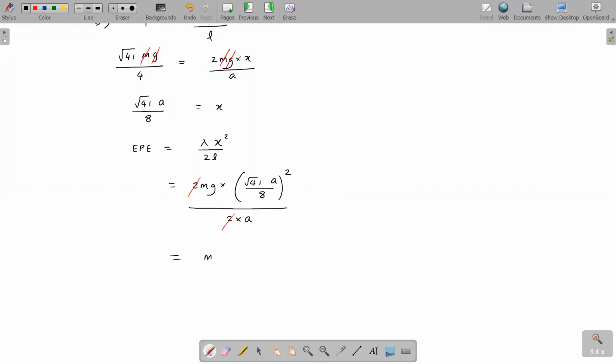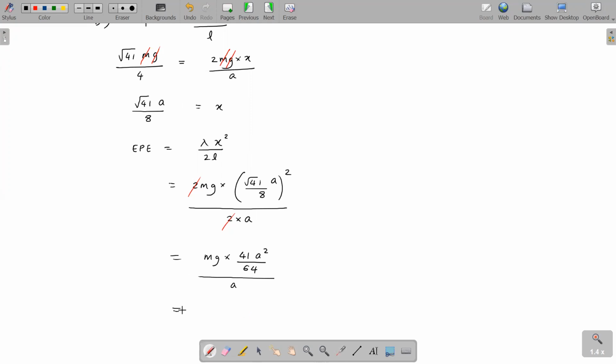And you get mg into, when you square everything inside, the square applies to every single term. Root 41 becomes 41, A becomes A square, 8 becomes 64. This whole thing divided by A.